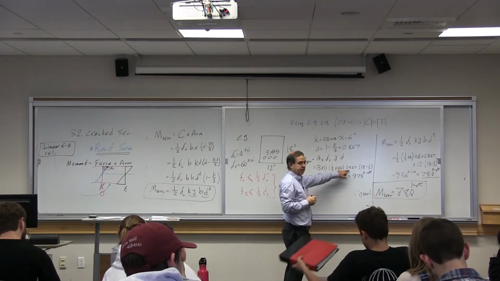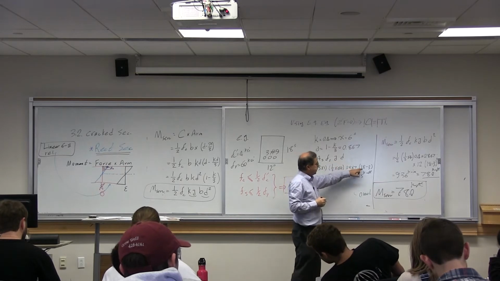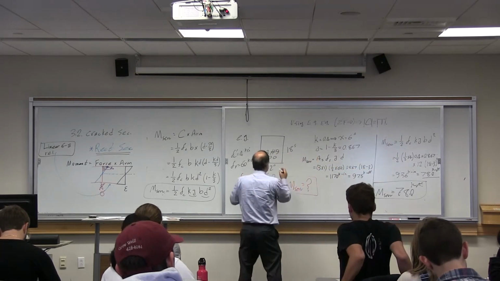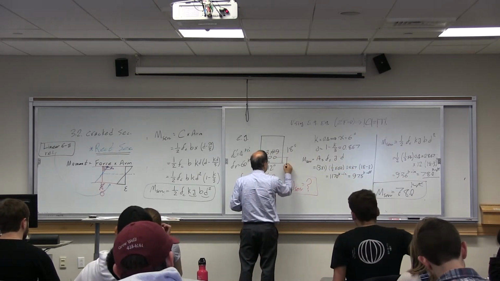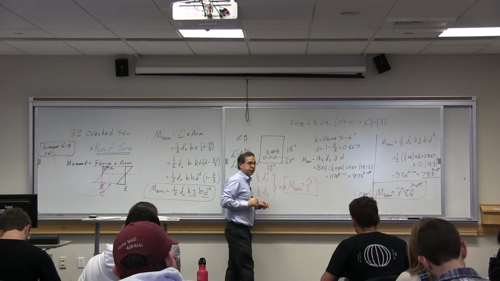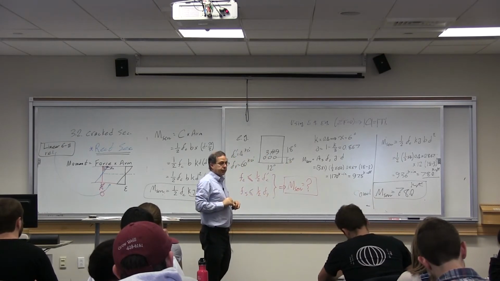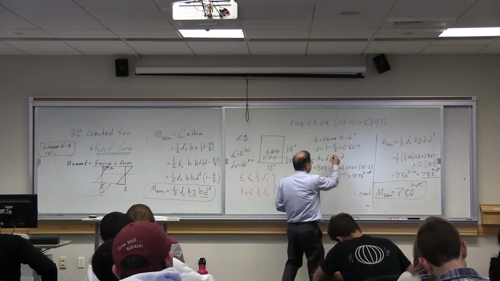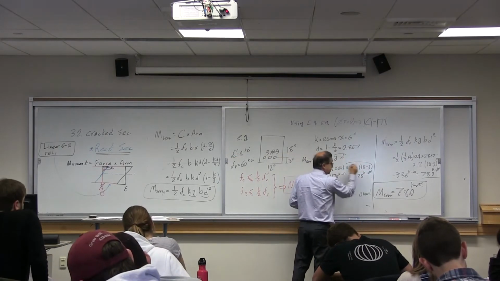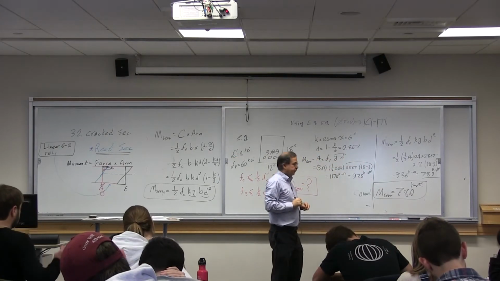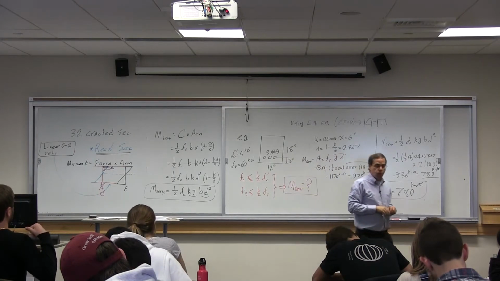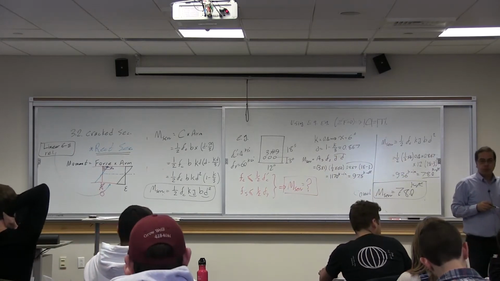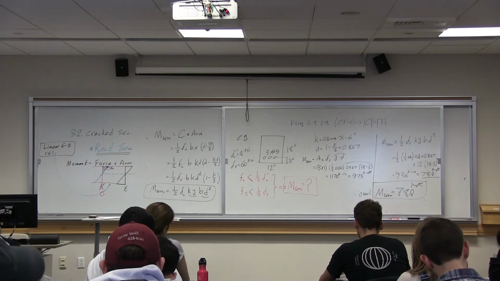J is 0.867, D is 18 minus 3. Why? Because we said unless otherwise mentioned, this is 3 inches. The arm is this, or this. This is the arm. Questions?